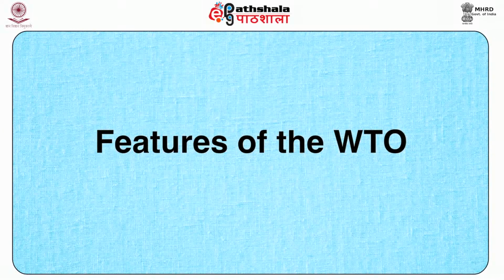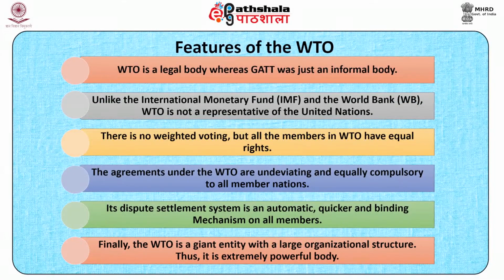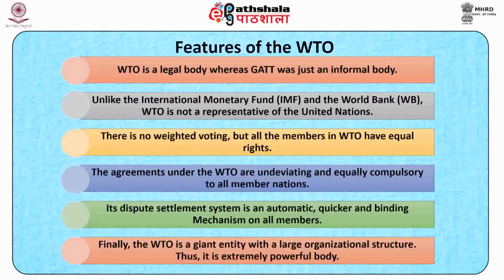Features of the WTO. The distinguishing features of the WTO are: WTO is a legal body, whereas GATT was just an informal body. Unlike the International Monetary Fund, that is IMF, and the World Bank, WTO is not a representative of the United Nations.